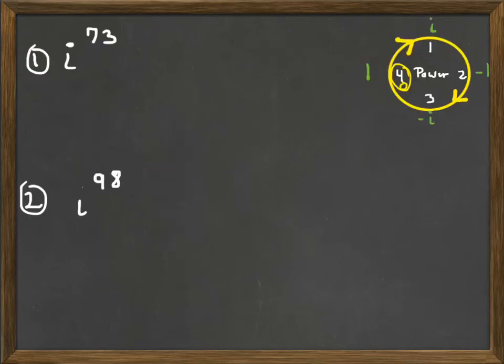Now let's do another one. So 73, I need to see how many times we're going to divide by 4, because that's what a full cycle is. 4 divides into 73 once. And that gives me a 4, with a 3, and the 3 drops down. 4 divides into 33 8 times.